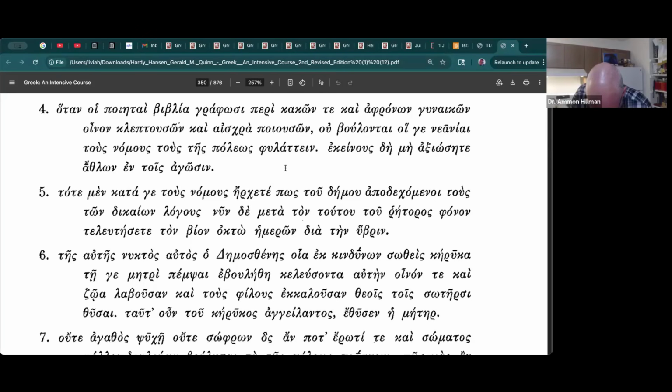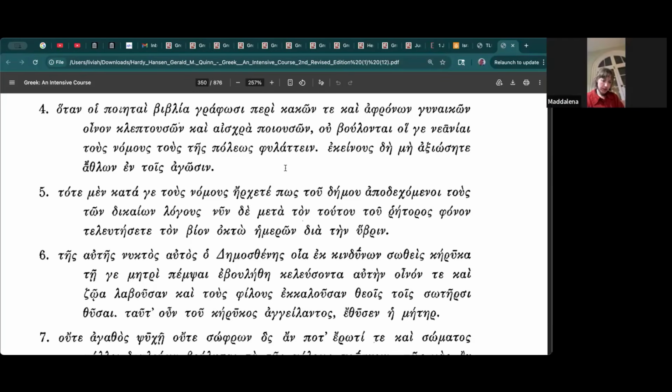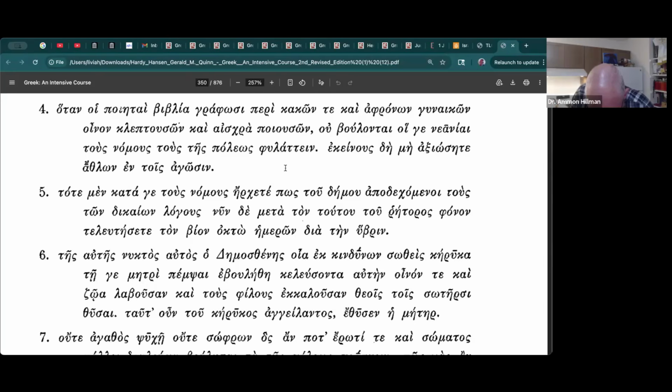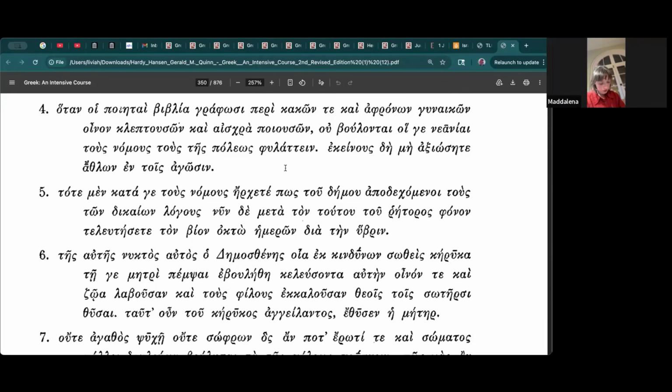On page 320. Page 320, look at the present general. In the main clause. What do we have in the main clause? So hotan plus present subjunctive.